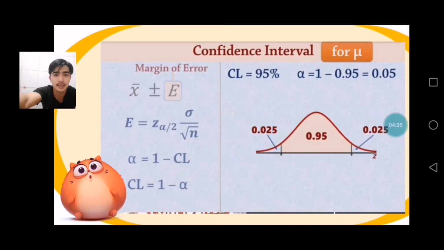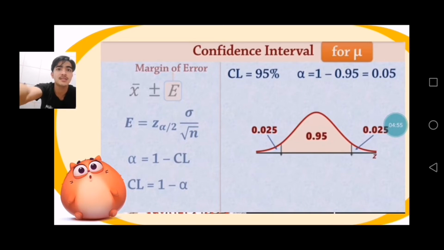When constructing a 95% confidence interval, the confidence level 0.95 is in the middle of the distribution, as in the diagram.